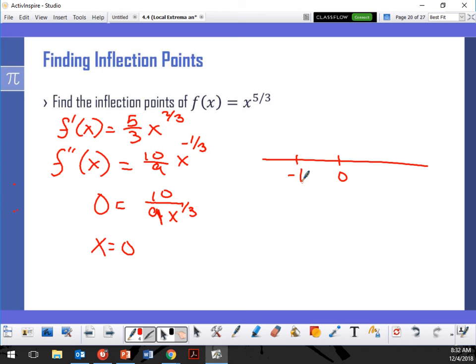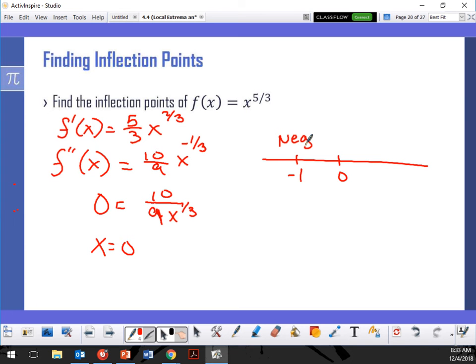So if I plug it in, I get -1, so I get negative 10 over 9, right? So this over here is going to be negative. Can you say that again?